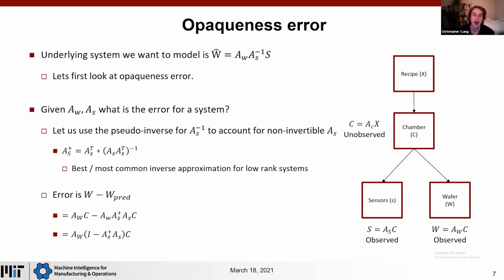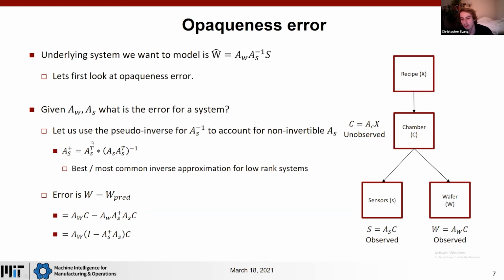I fudged things a little before when I said that we want to model AW times AS inverse. If AS can't be inverted, this expression doesn't make sense. But we can use the pseudo inverse for AS instead, to account for a non-invertible AS. This is the expression for a pseudo inverse. It's basically the most common inverse approximation for low rank systems, so when you can't fully invert the system, we have this approximation for what it could be.